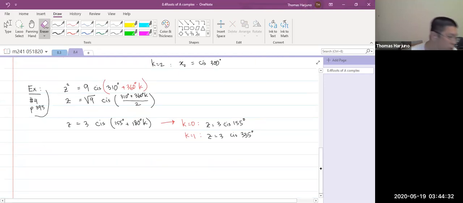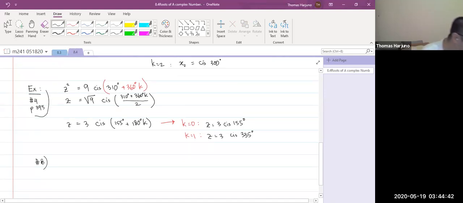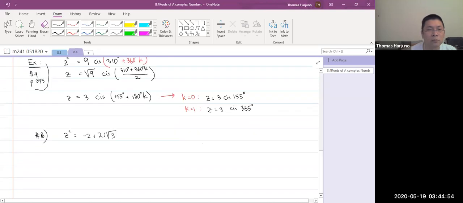Okay, let's try one more, or maybe two more. Number 8. The question is to find 2 square roots: c squared equals negative 2 plus 2i radical 3. Find what c equals.